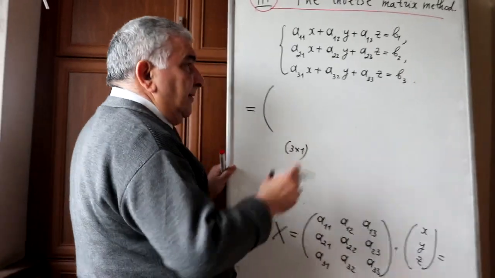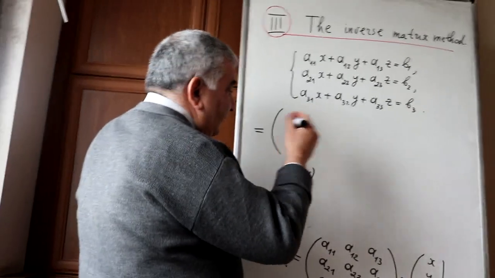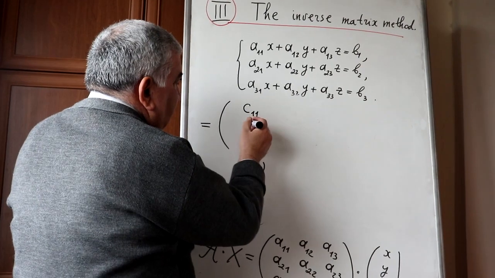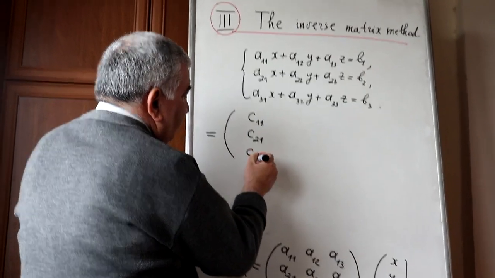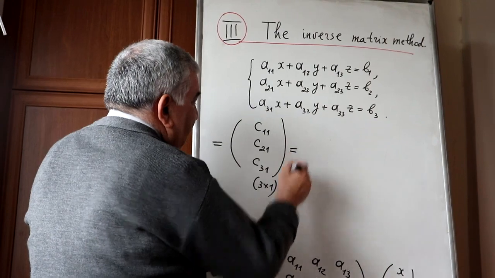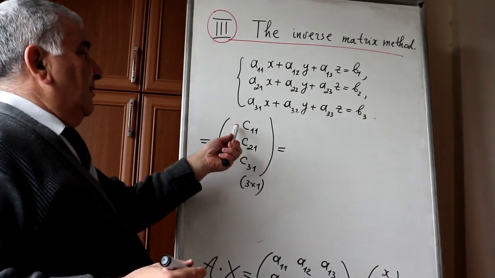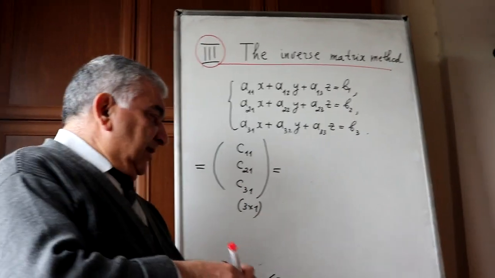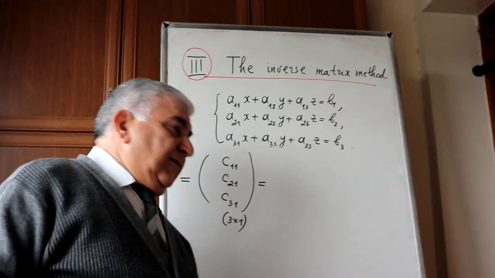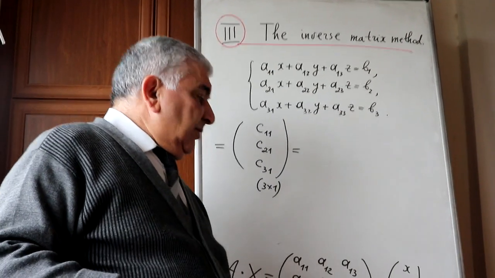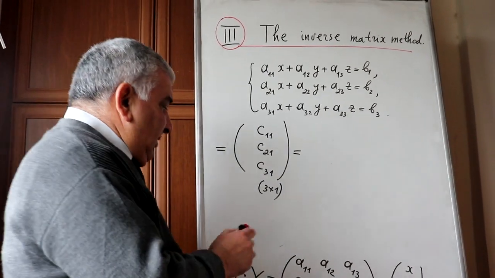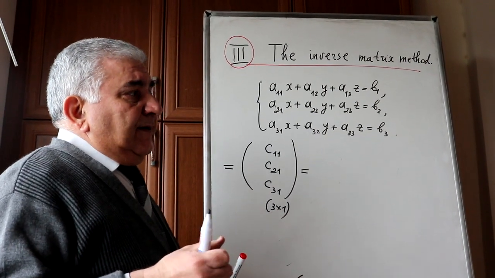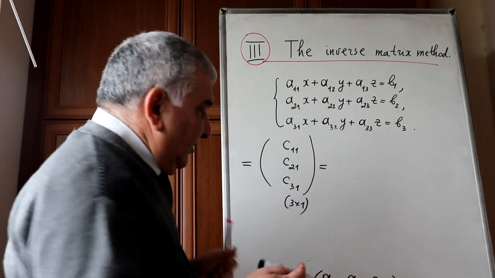At first write the general form of this product matrix: C11, C21, C31. For obtaining the first element C11, we must multiply the first row of the left matrix by the first and unique column of the right matrix, and this multiplication is realized by the rule of scalar product.